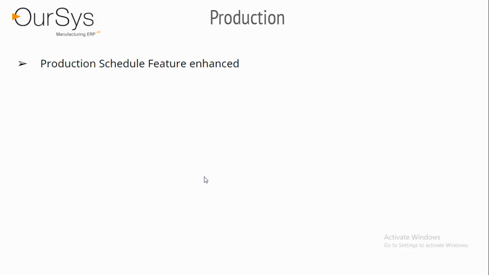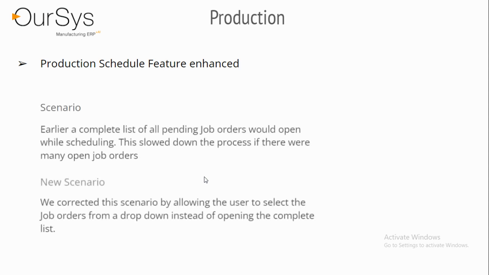Next change in production is that the production schedule feature has been enhanced. Initially, the production schedule screen would only give the data that was pre-filled by the system. As a user, we did not have any control over which jobs we wanted to view.